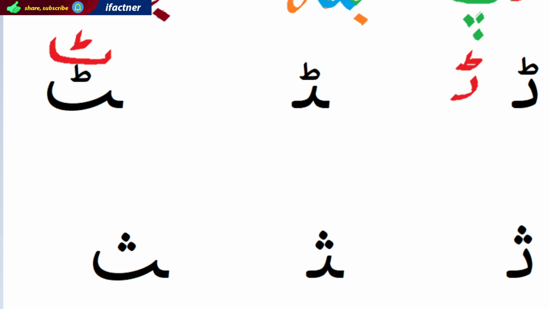Tub has been imported from English and it means tub. Now you write te and be, tub, and if you want to use the diacritic, then there is a zabar on top of te, te zabar be, tub.